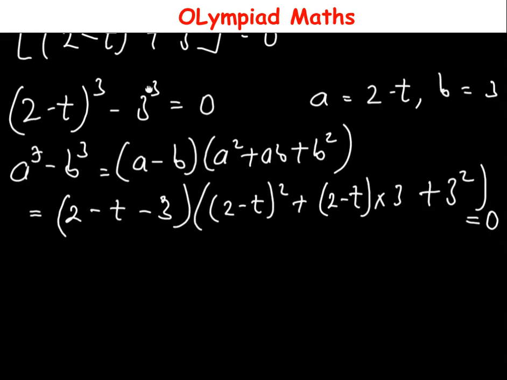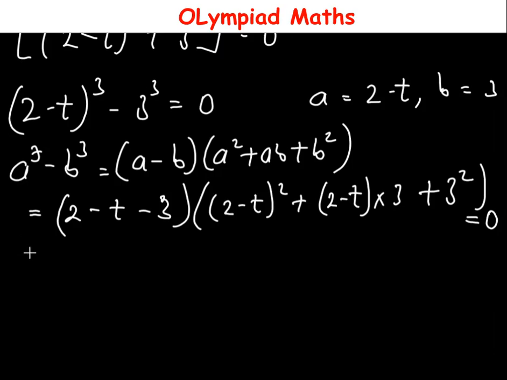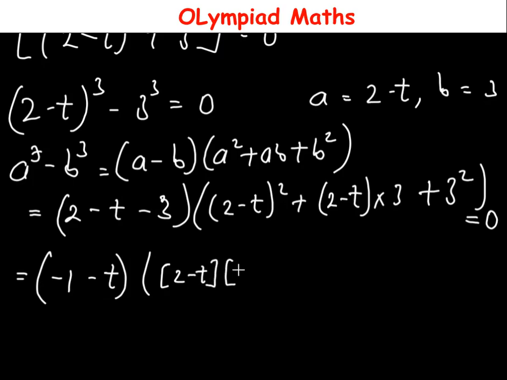From here, we have (2 − t − 3). Now 2 minus 3 is minus 1, then minus t, multiplied by (2 − t)(2 − t), then plus 3 times (2 − t), where 3 times 2 is 6 and 3 times minus t is minus 3t, then plus 3 squared, which is 9. All of this is equal to 0.